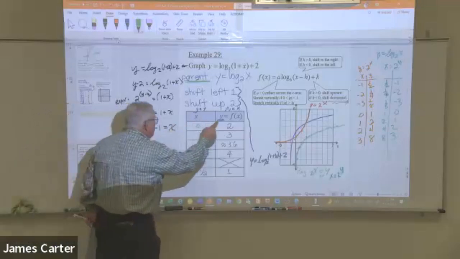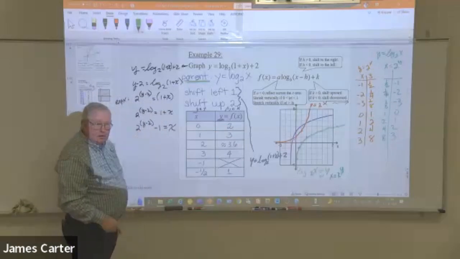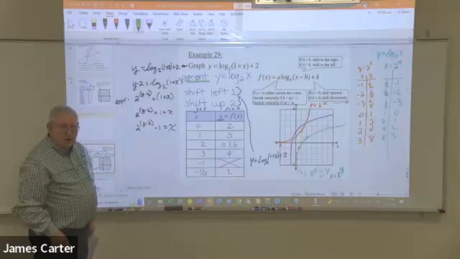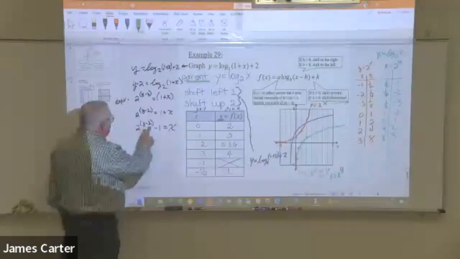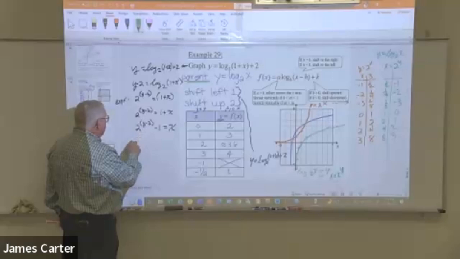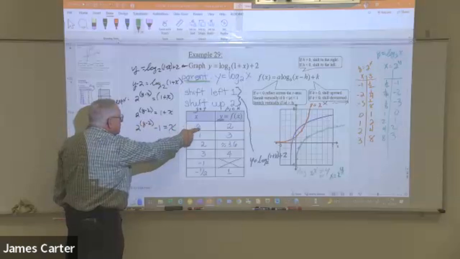If I put 2 into the y value, remember these are the y's, these are the x's. If I put it in here, 2 minus 2 is 0, 2 to the 0 is 1, and 1 minus 1 is 0.